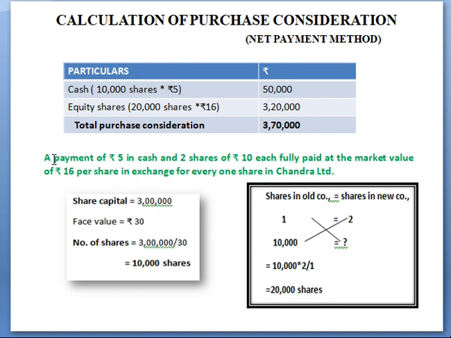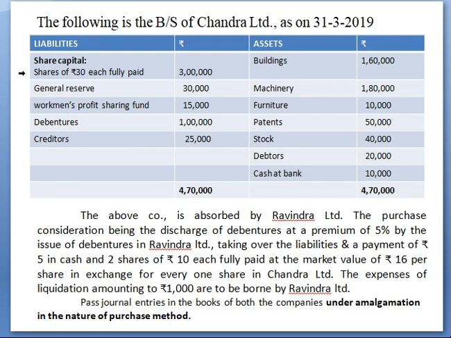Now, see the question given. This is just a copy of the question. Here, the amount is paid under a payment of rupees 5 in cash, which means for 1 share 5 rupees are paid. Now how many shares are there? See your question, the number of shares is not given, so you calculate the number of shares.